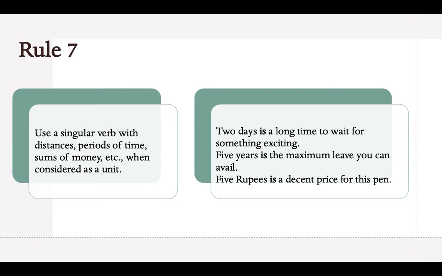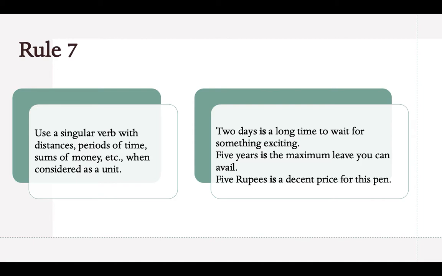That sentence is about the price of the pen. 5 rupees is a decent price for this pen. Price is singular, therefore 5 rupees is to be treated as a singular unit, and that is why it takes is. So 5 rupees is a decent price. 2 days is a long time. 5 years is the maximum you can take, etc.